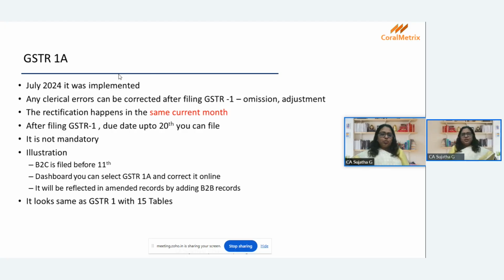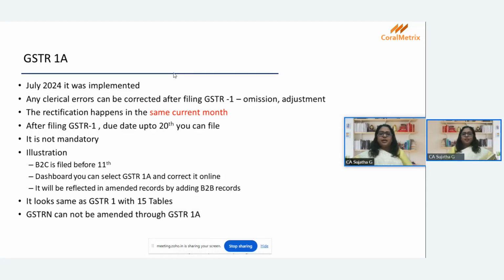If you look at the GSTR 1A form, it is exactly the same as GSTR 1. Nowhere is it different. But one thing which you can't correct is the GSTN number. If you have punched in some GSTN wrongly, that cannot be corrected.